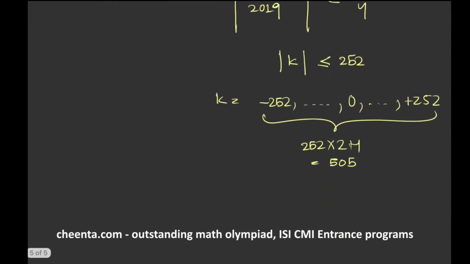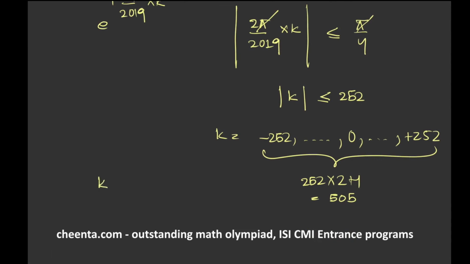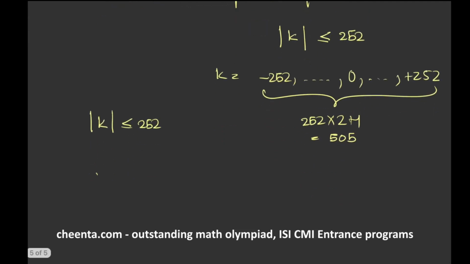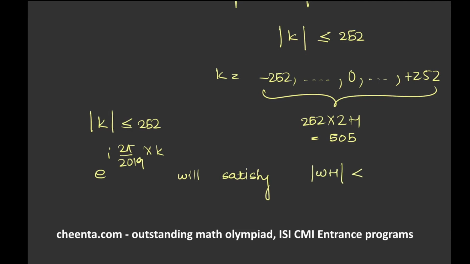So we found that all the k such that mod k is less than or equal to 252, e to the power i 2 pi by 2019 times k, will satisfy our inequality, that is omega plus 1 greater than or equal to square root of 2 plus root 2.